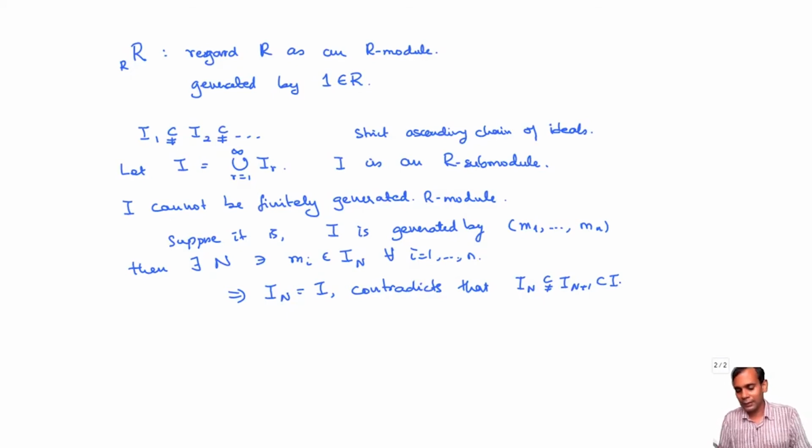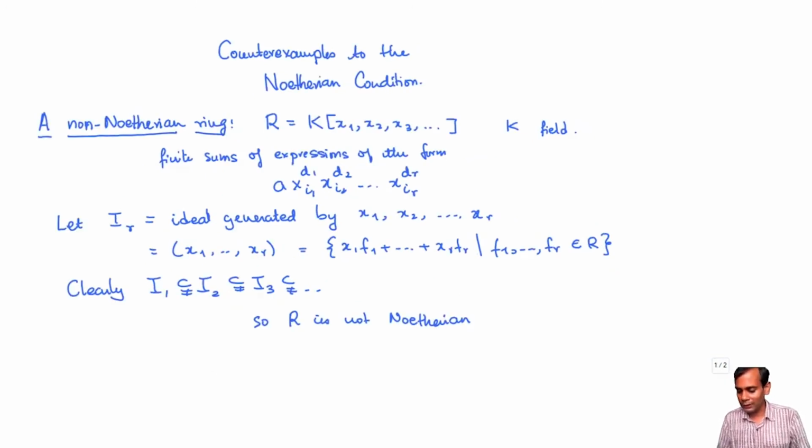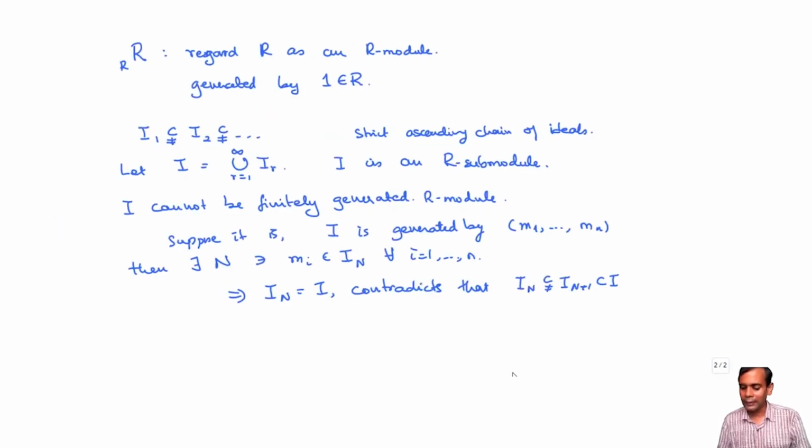In this example, of course, I was keeping in mind the ring R of polynomials in infinitely many variables, but I didn't actually use that anywhere. I just used the fact that R has a strict ascending chain of ideals. So this works for any non-Noetherian ring R.